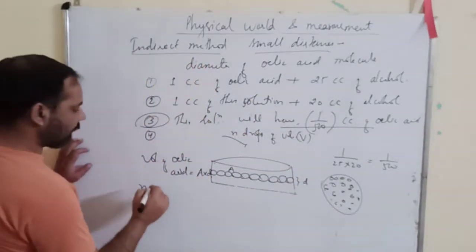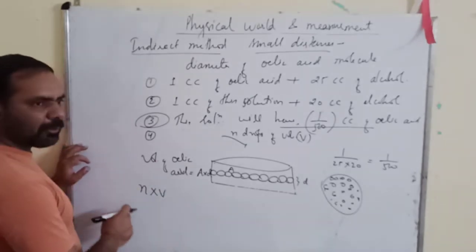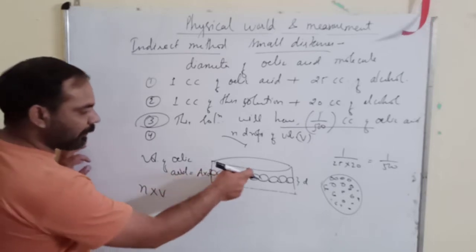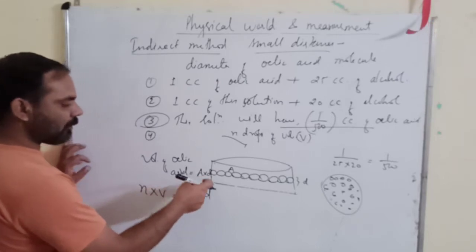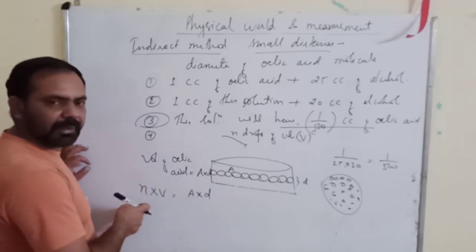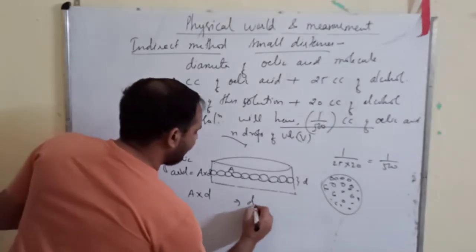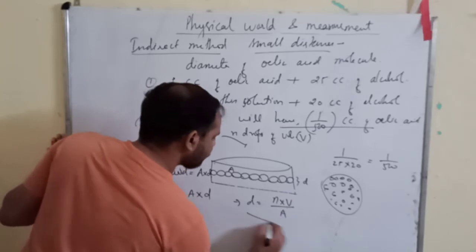N molecules, and the volume of each molecule is V, so the total volume is N into V. Since A into D also represents the volume of the same oleic acid layer, they must be equal. So D is equal to N into V upon A.